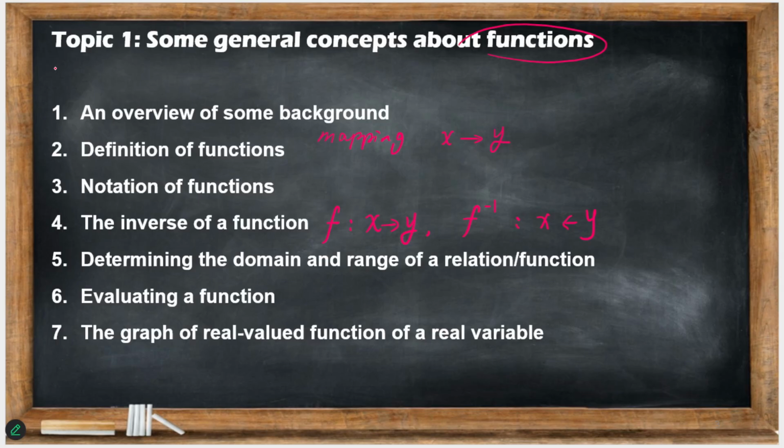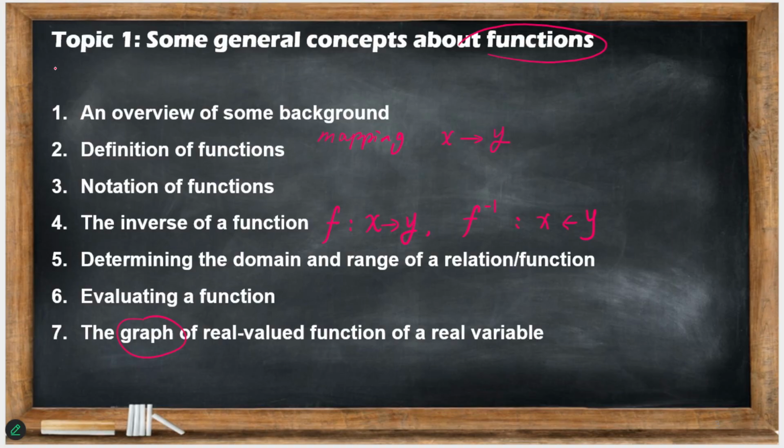Okay, we also talk about evaluating a function. This is actually a process of giving an input to the function machine and finding its output. And the output is also called the image of a function. So in that case, the range of a function is actually the set that contains all the images of the inputs. And last, we talk about the graph.